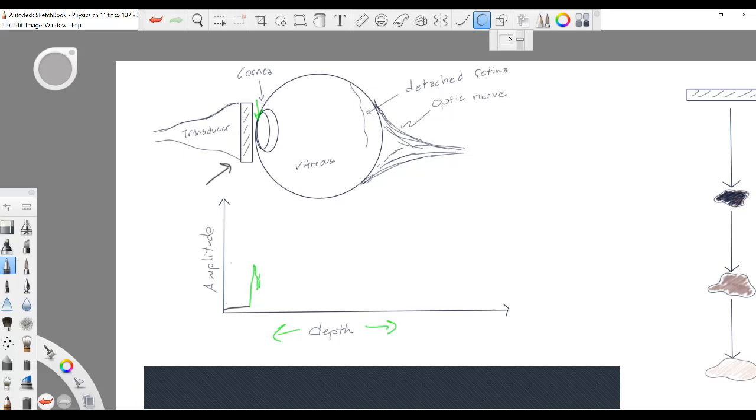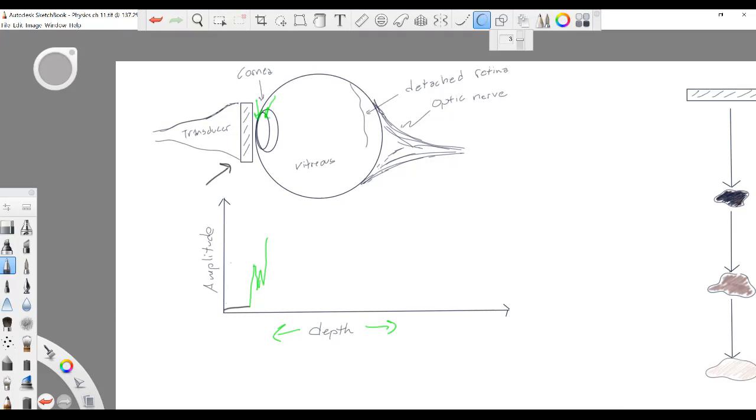Let's say that produces maybe an even smaller spike, but then it hits the lens, and the lens is going to create a larger spike. I'm not an ocular expert, so I'm not 100% sure what causes the stronger spike, the eyelid, the surface of the eyeball, or the lens, but I'm just making that part up, because all that really matters is that we understand what's going on here.